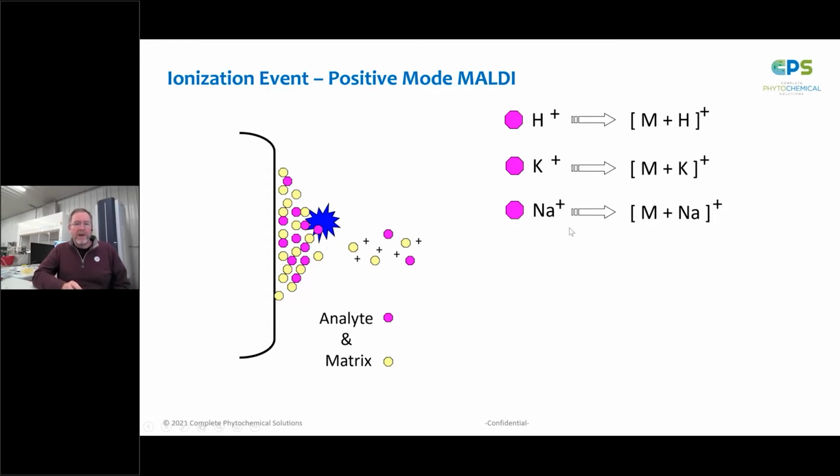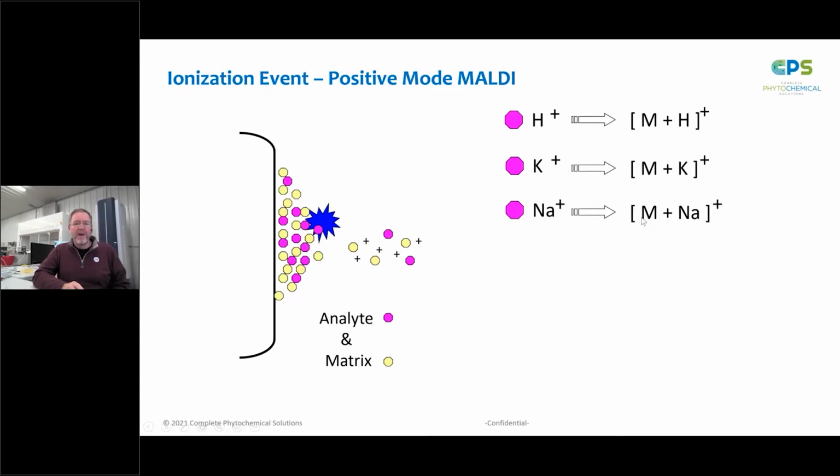In nature, sodium, potassium, and hydrogen are abundant. So it is very typical for analytes to pick up a hydrogen, potassium, or sodium and fly as an adduct. In this event, what we have is the mass of the compound of interest plus the weight of the hydrogen, potassium, or sodium, and that is exactly what is being detected in the MALDI system.